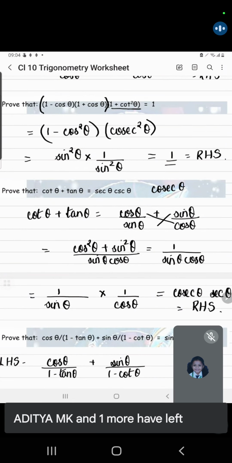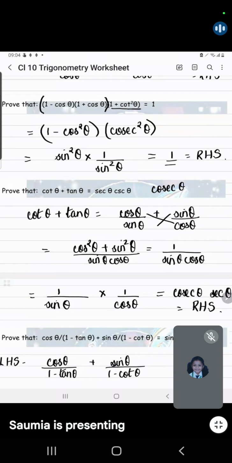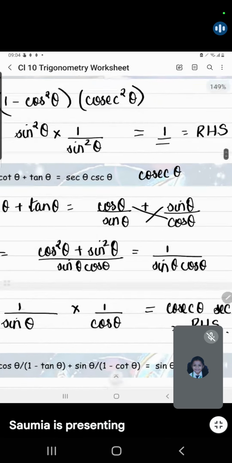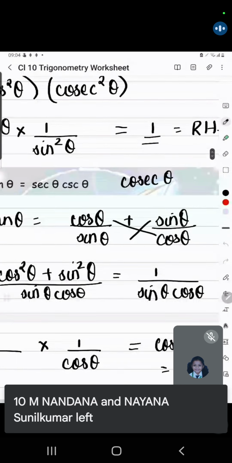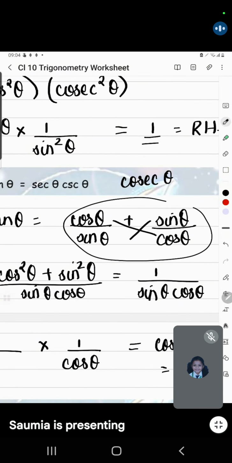Okay. Cot theta plus tan theta. Replace it by the meaning of it. What is cot? Cos theta upon sin theta. What is tan? Sin theta upon cos theta. So when you look at this, you will have 2 fractions which are added.